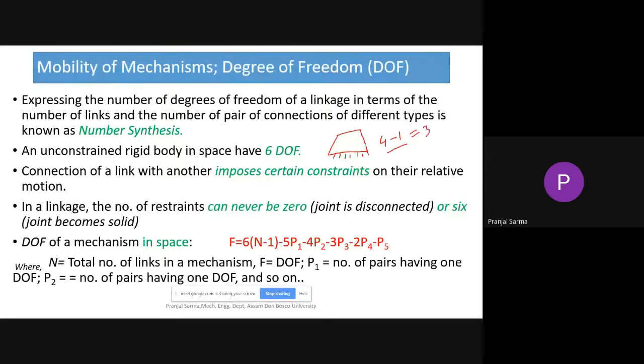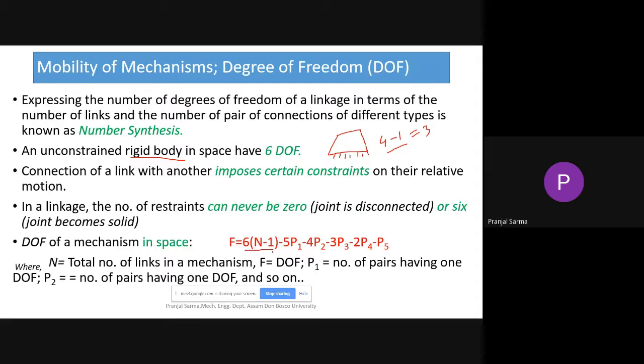So in the generalized way, n links were there, and 6 is the maximum possible for a rigid body in space, so it would have been 6 into n, but because one of the links is fixed, it will be 6 into n minus 1.